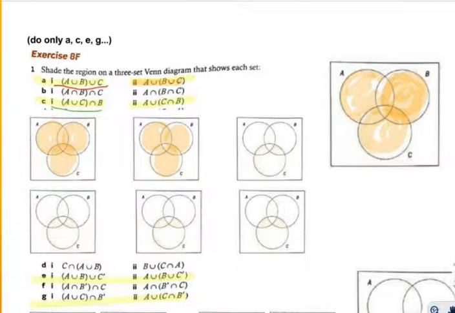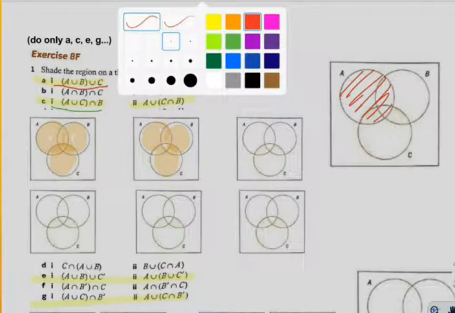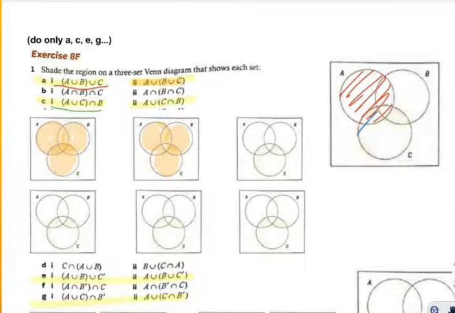All right, now let's do this one. A union C and then intersect with B. Now this might be a little bit different. So A union C would just be everything, right? Because union means or.